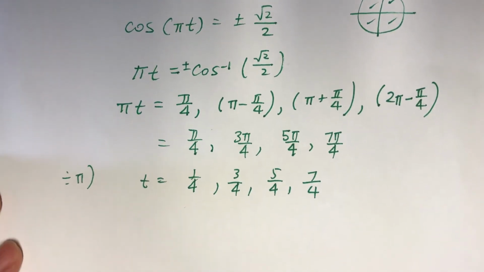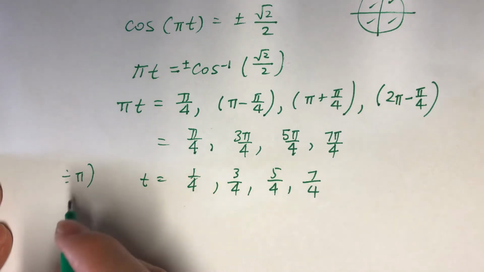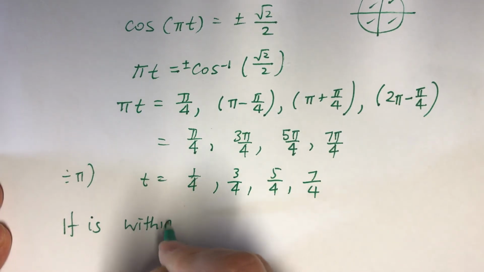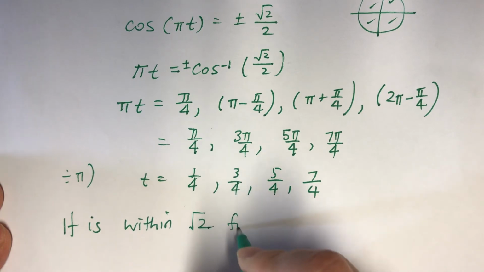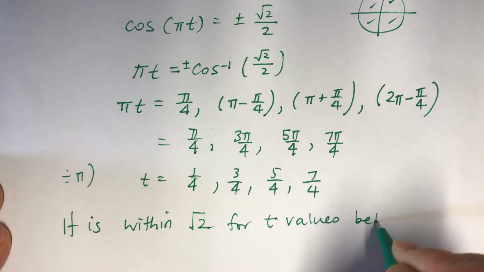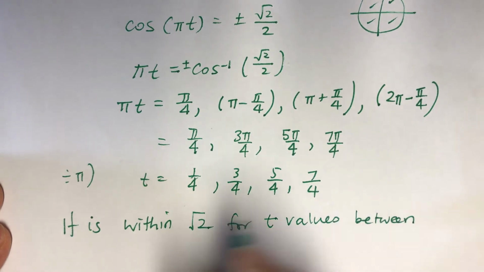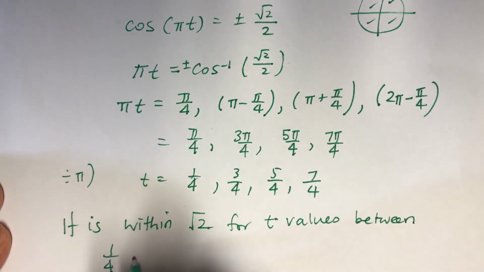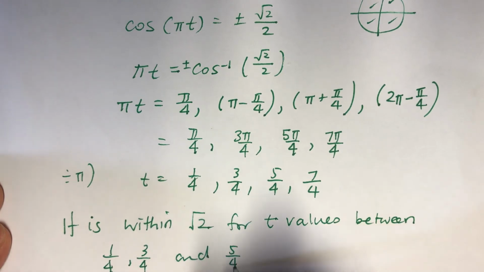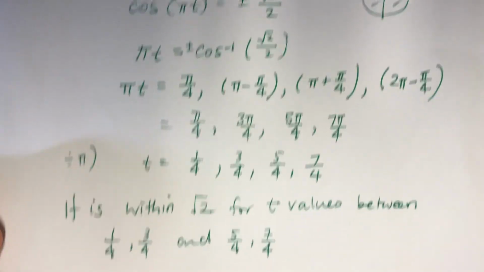Okay, so this is what we got, and it is within root 2 for t values between 1 over 4 and 3 over 4, and 5 over 4 and 7 over 4.